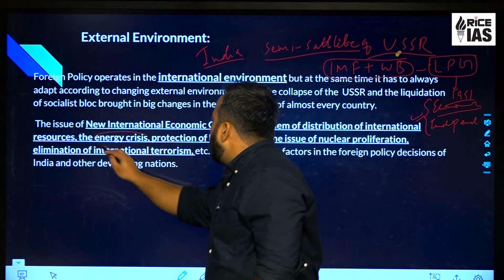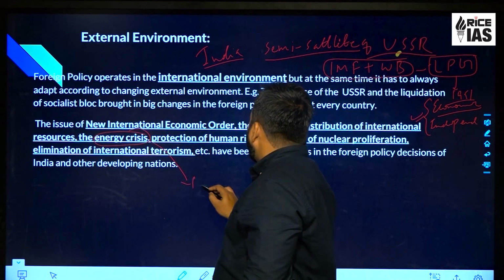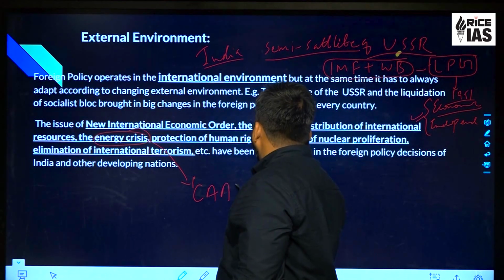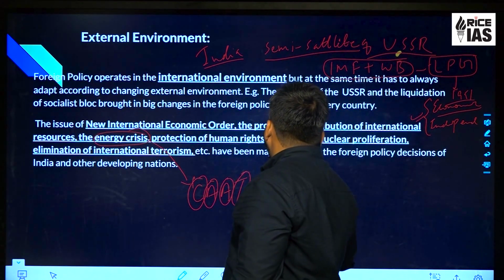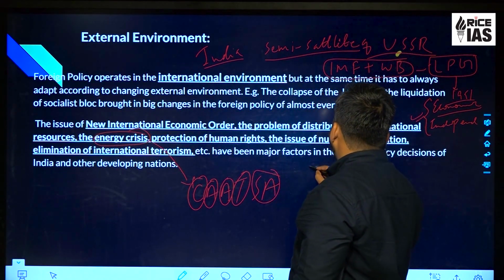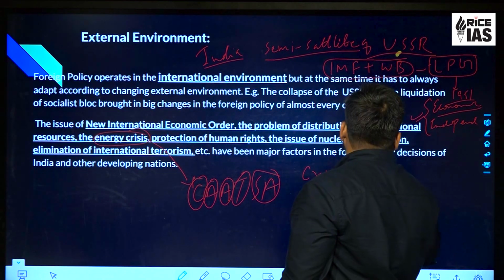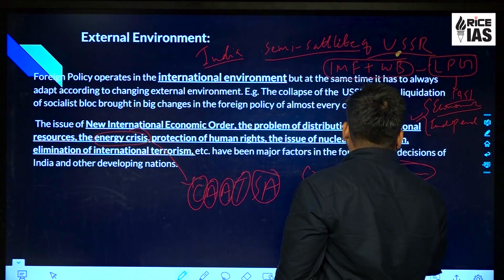let me give you another example. Energy crisis, CAATSA, Countering America's Adversaries Through Sanctions Act. Crude oil is very, very important for India. Iran was one of the most important suppliers of crude oil at reasonable rates.